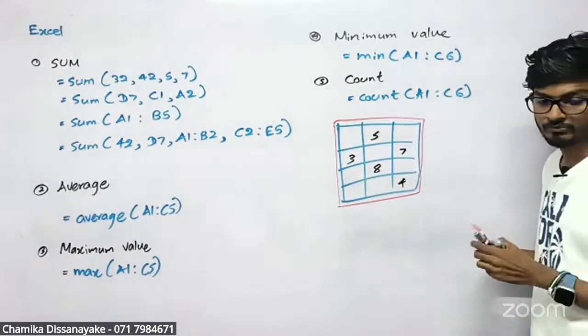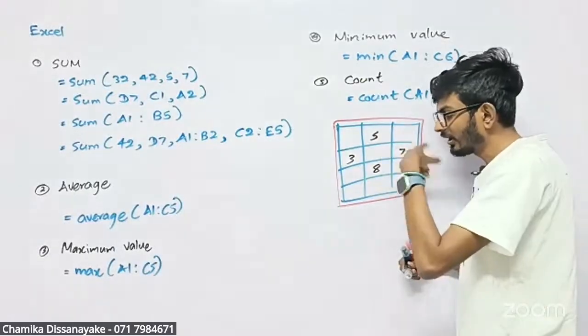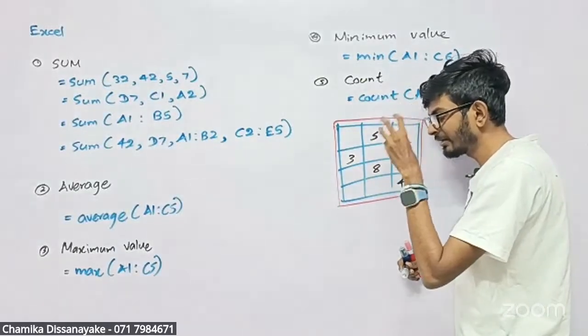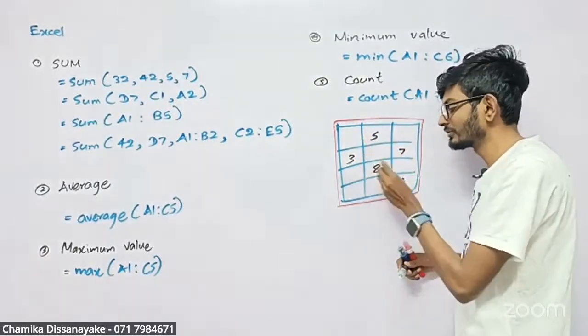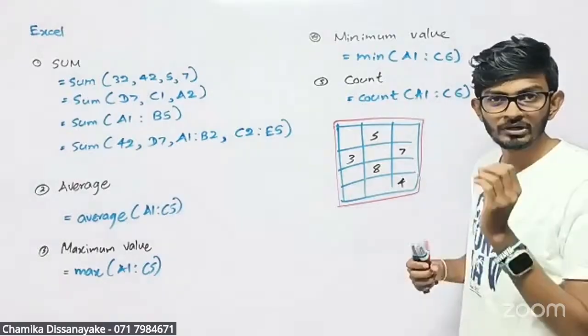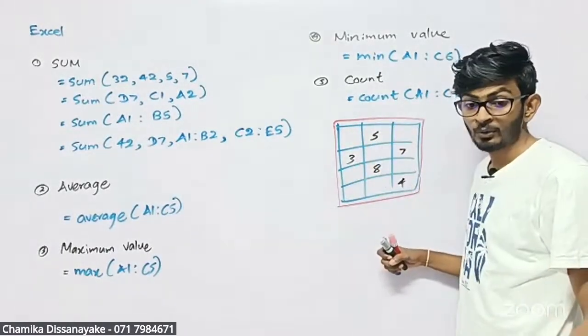What will happen in the count formula? In the count formula, it will count the number of cells that have values in the cell range. Only the values.